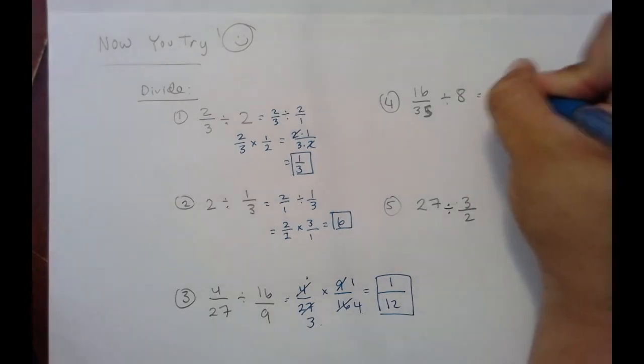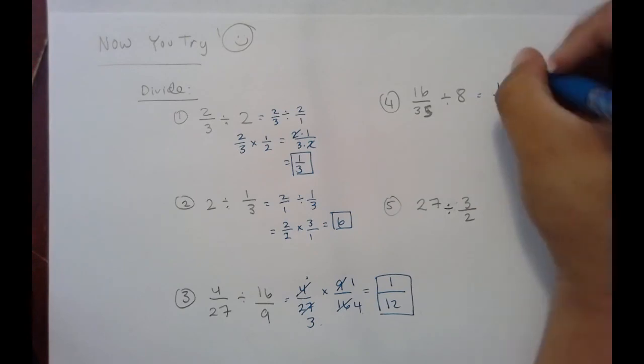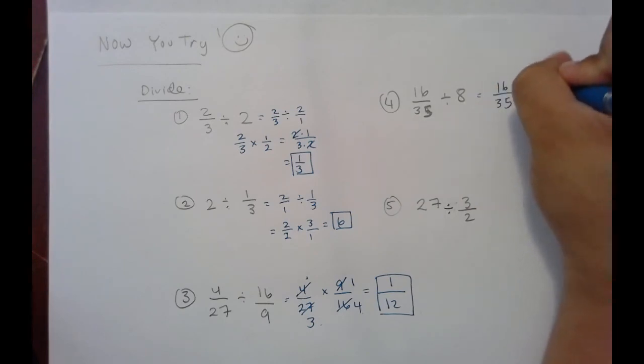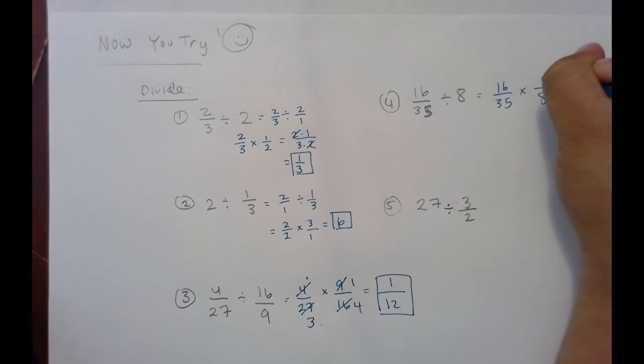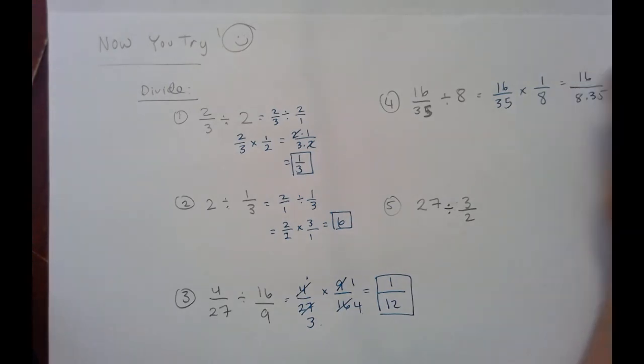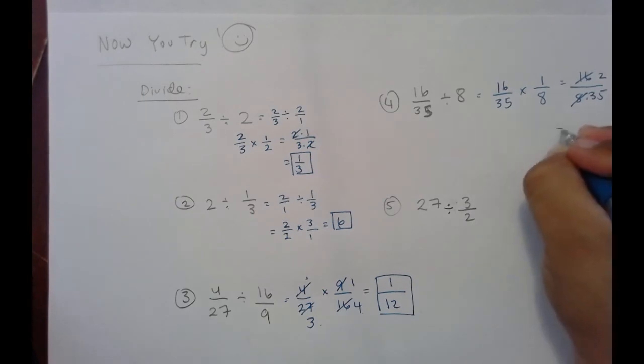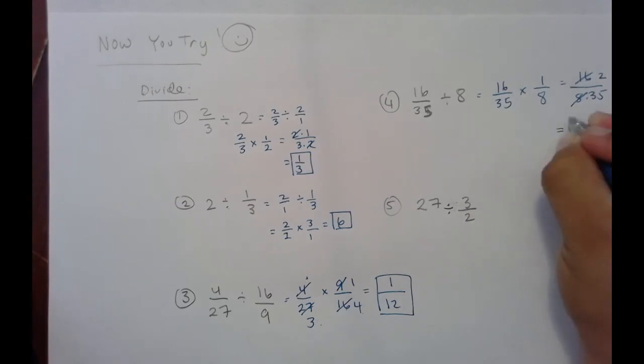For this next one, 16 35ths times 1 over 8 is going to become 16 over 8 times 35. But then observe that 16 is equal to 8 times 2. So 8 goes into itself here, 8 goes into here twice, so your answer is just 2 over 35.